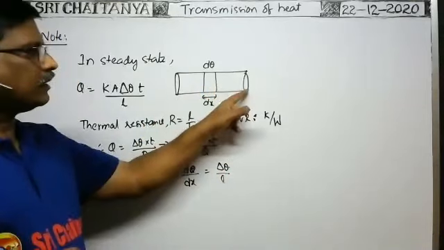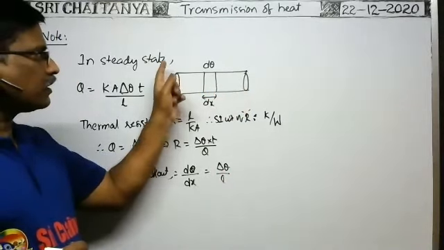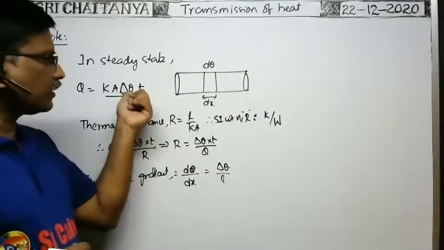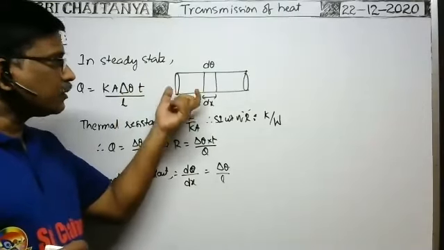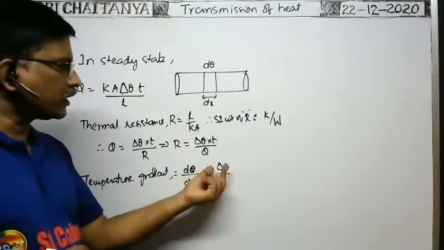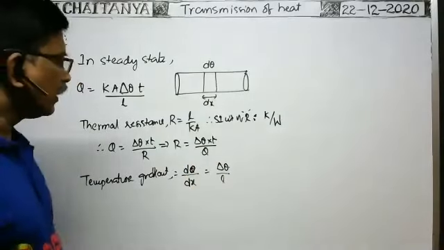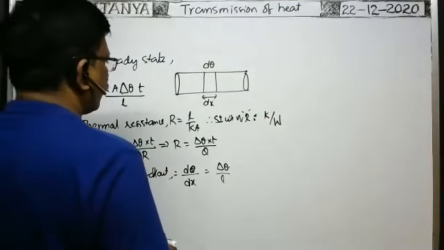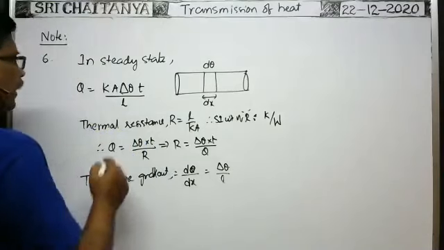For this distance L, the temperature difference is theta 1 minus theta 2, that is delta theta. Then for unit distance between the two cross sections, the temperature difference is delta theta by L. That is the temperature gradient.